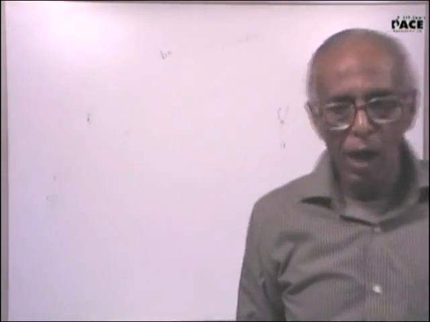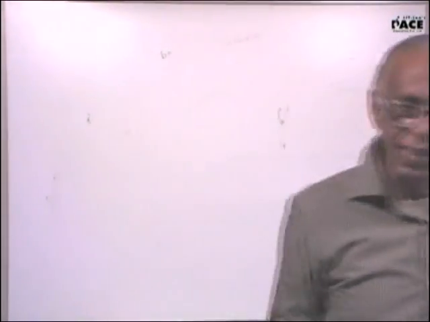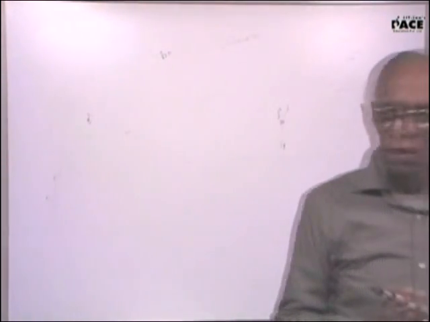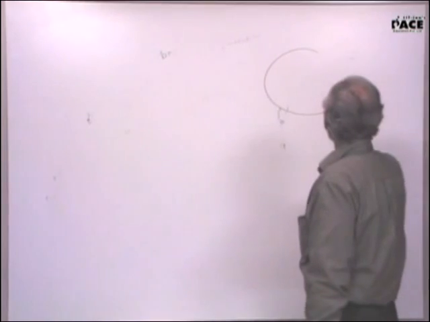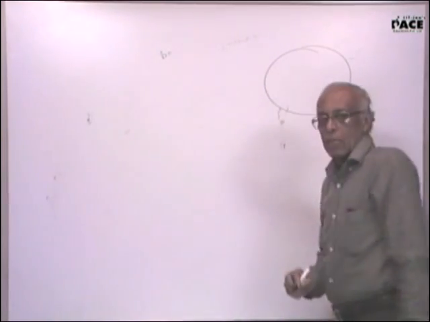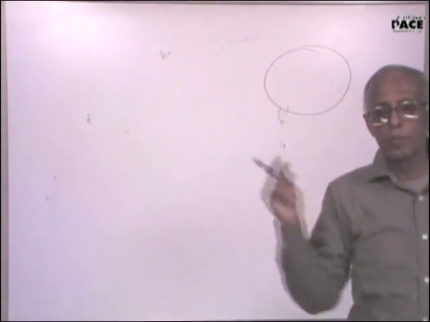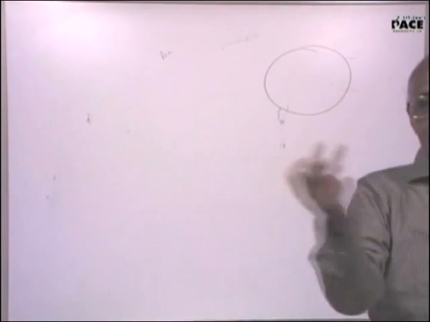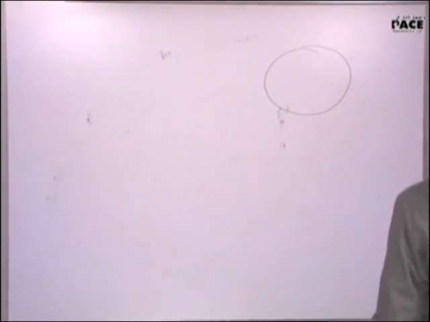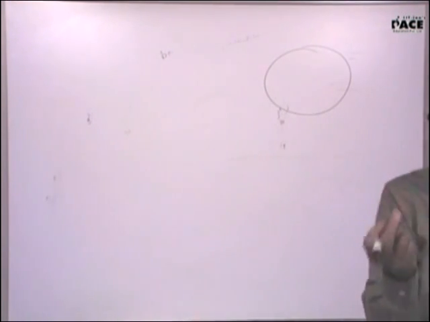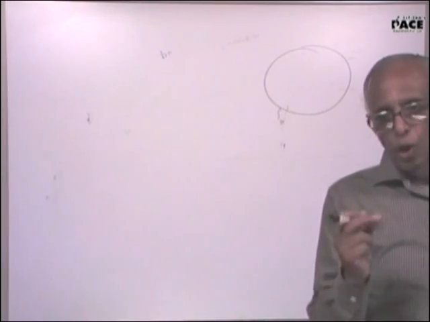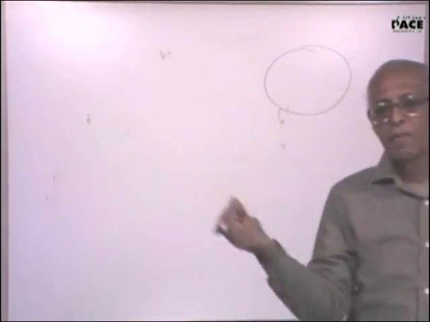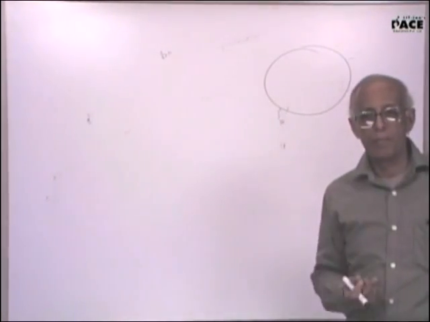I have given you how to calculate the spin-only magnetic moment. When an electron rotates along the orbit, what happens? Electron is a charged particle, so when it rotates, it creates a magnetic field.